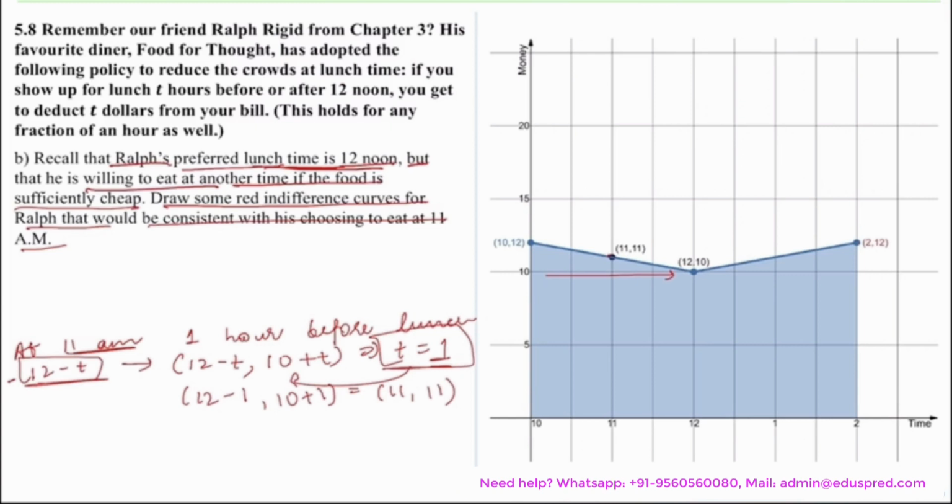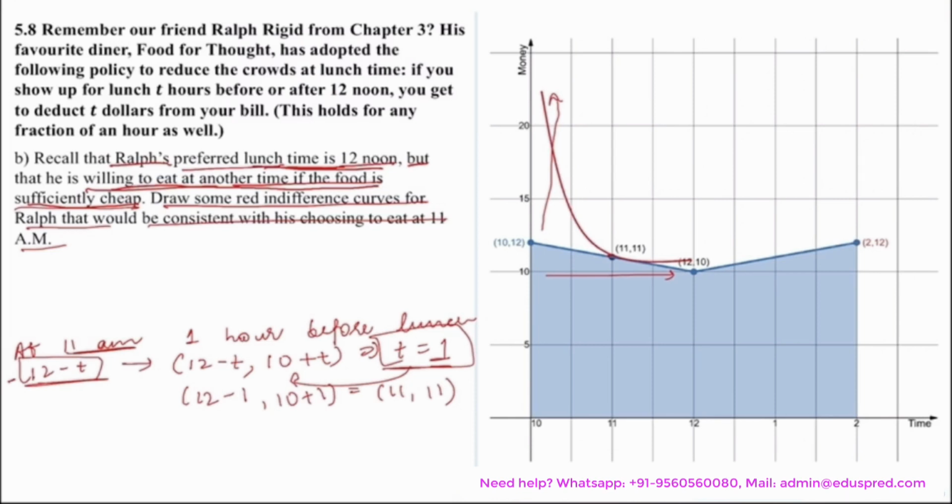Also, it is given that he is willing to eat at another time if the food is sufficiently cheap. That means he also likes to have more money left with him after eating lunch. That means his preference direction is this. So considering the simple convex preference scenario, your indifference curve would look like this. This simple U curve, which is passing through the point 11, 11, is just tangent to the budget line.